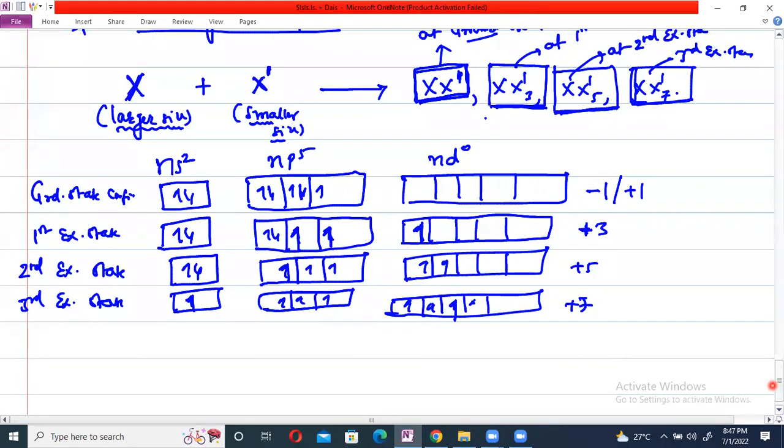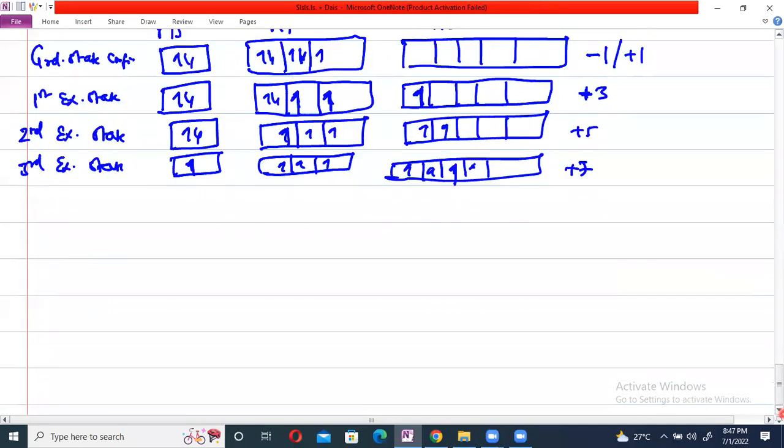Now we'll see one by one about these interhalogen compounds, what will happen. One example I'll show you, beta.